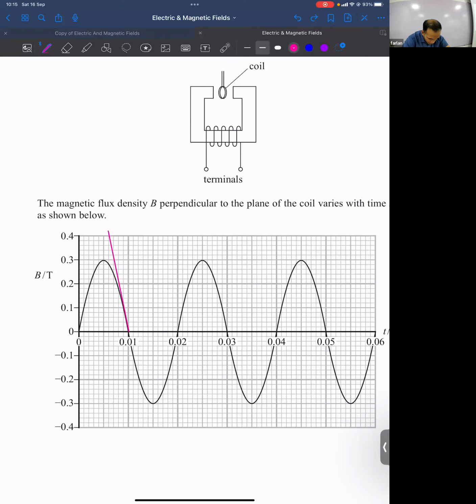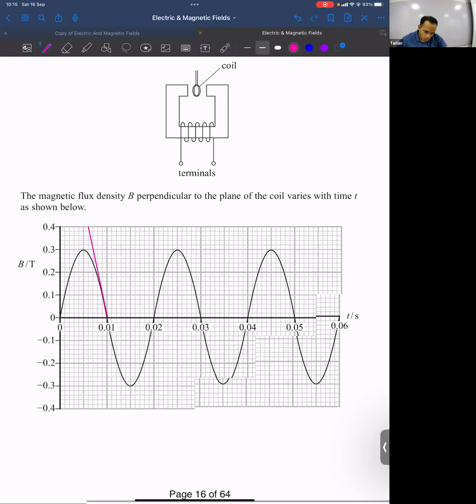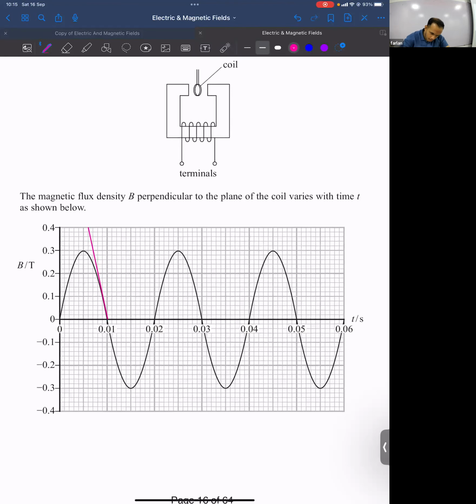I will draw a tangent at that point, and find the gradient of that tangent. Okay. So guys, on that tangent, here are my points.